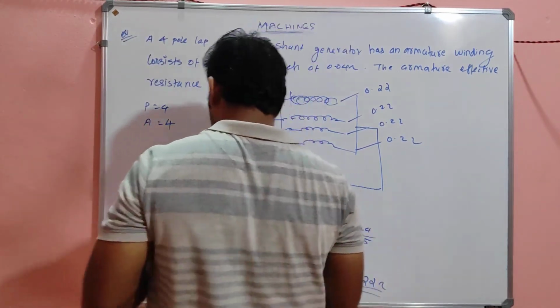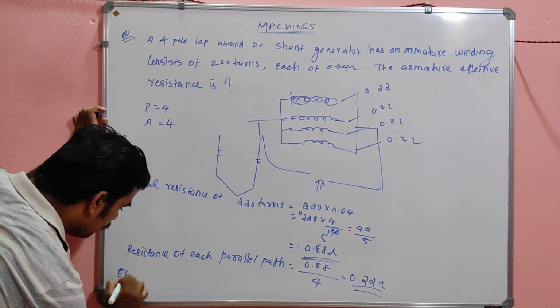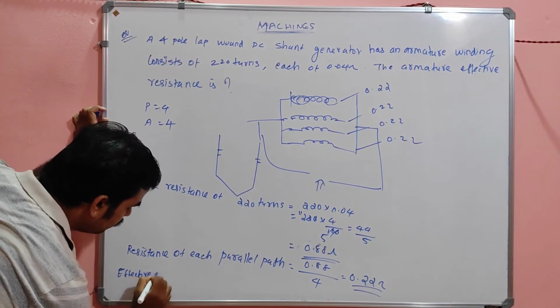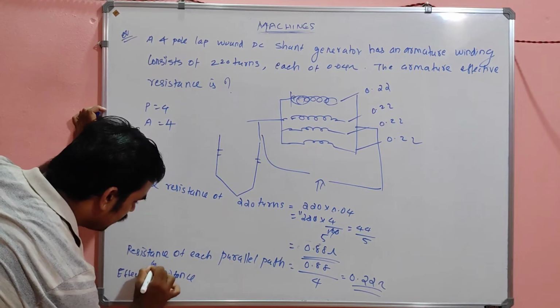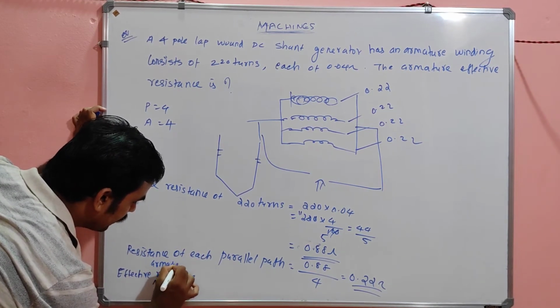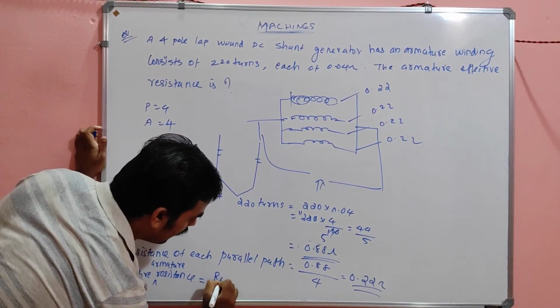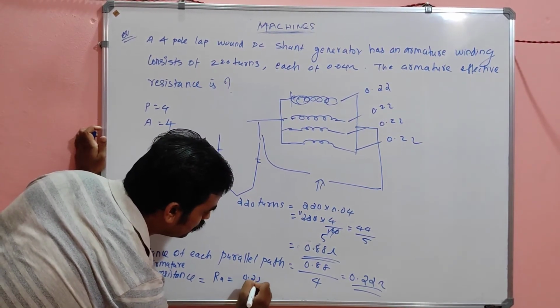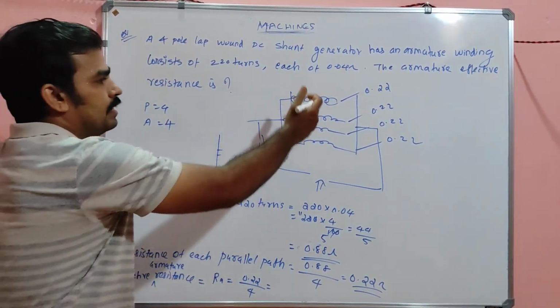The effective resistance, meaning armature resistance Ra, equals 0.22 by 4, because all are connected in parallel.